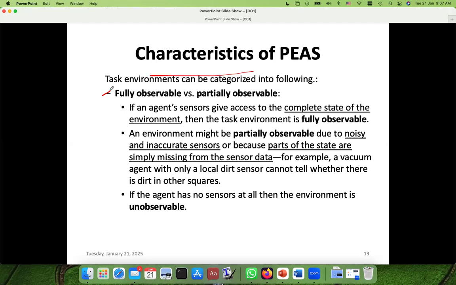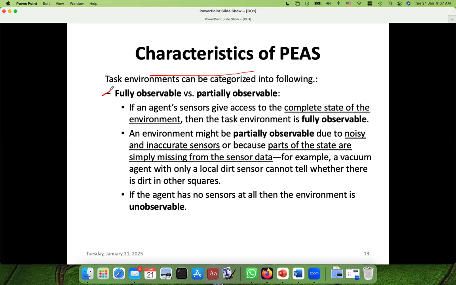Anyhow, so the environment of the agent can have different categories, and here we are seeing the first one: fully observable versus partially observable.